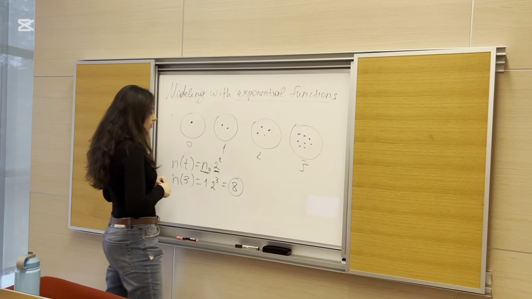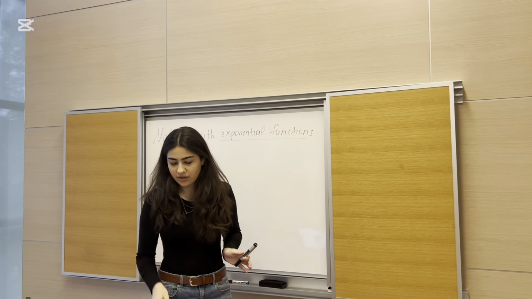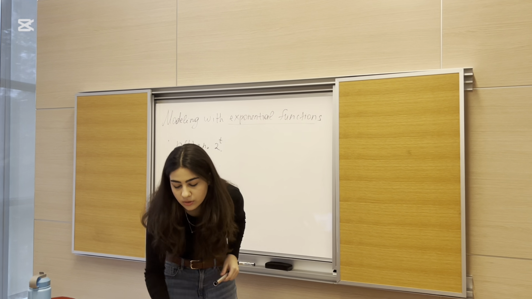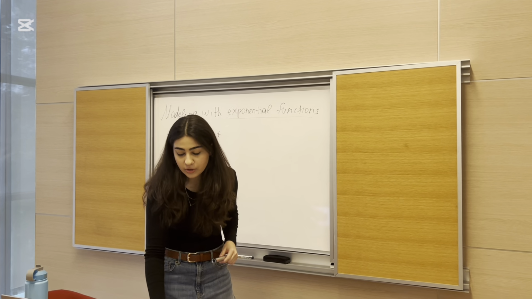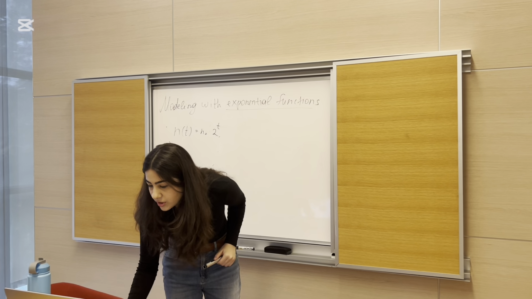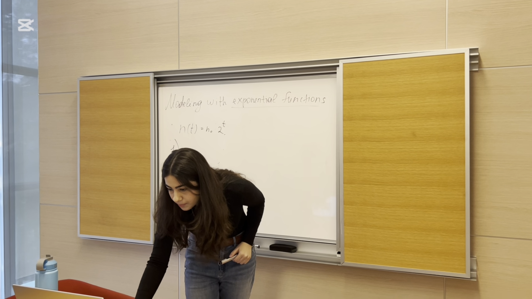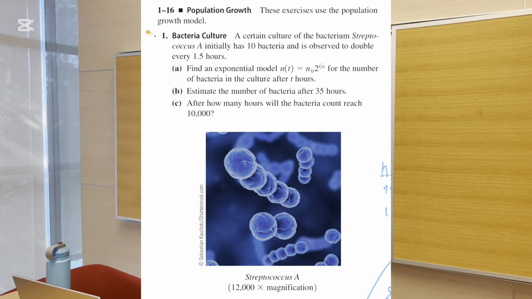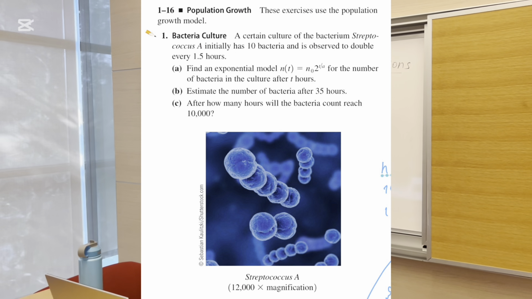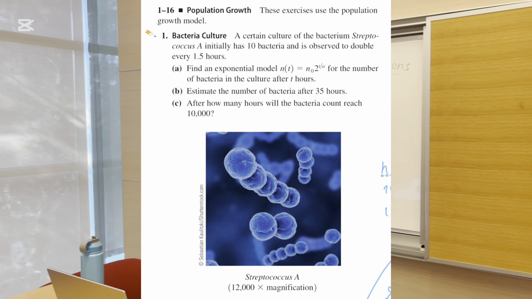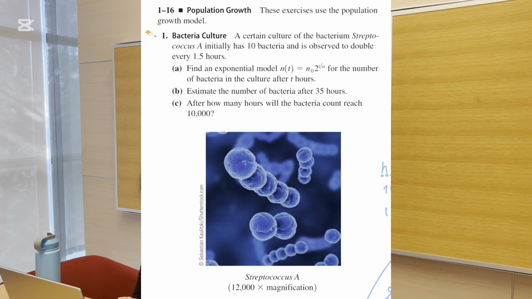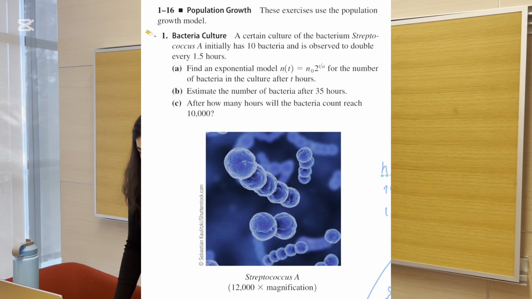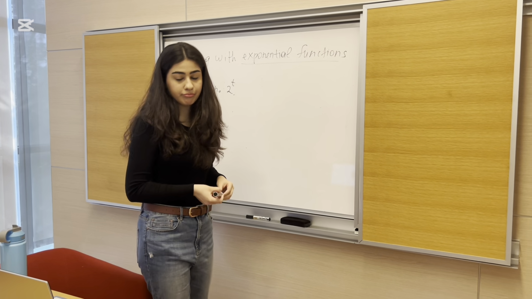Now we're going to solve questions from the book Stewart, Precalculus. The first question is about bacteria itself. A certain bacterial culture initially has 10 bacteria and is observed to double every 1.5 hours.